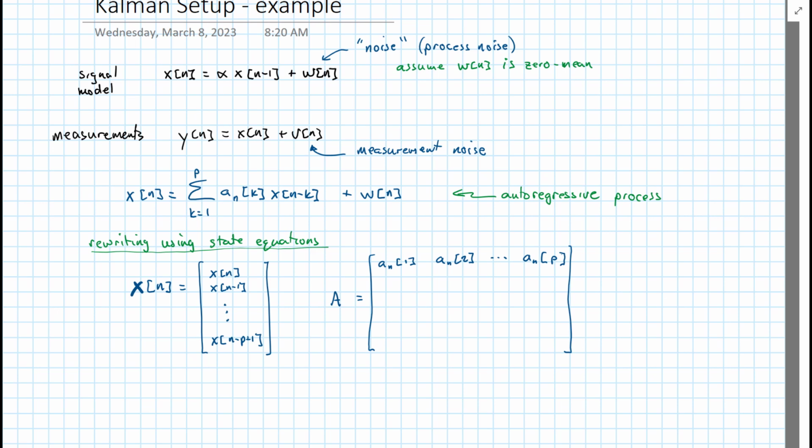Now we need to go through the process of updating x. So our x vector being the most recent samples, we're going to have something like this, where this thing is going to be I of size p minus 1, and then the last column will be zeros.